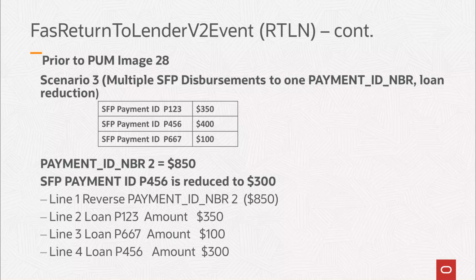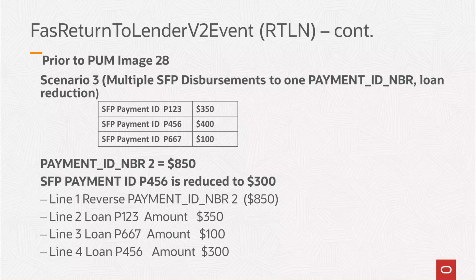In this example, SFP had 3 separate disbursements that totaled $850, and it corresponds to CS payment ID number 2. SFP payment ID P456 was reduced from 400 to 300, which triggered the return to lender event.